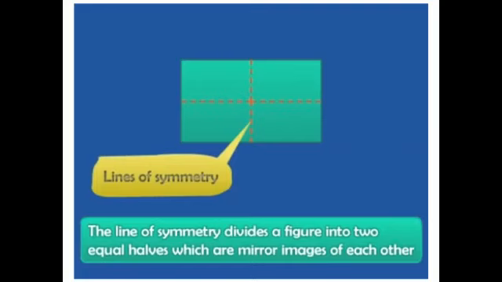We know what a line symmetry is. In line symmetry also, we cut the shape into two halves which are mirror images of each other. So line symmetry is for the 2D shape and plane symmetry is for the 3D shape.